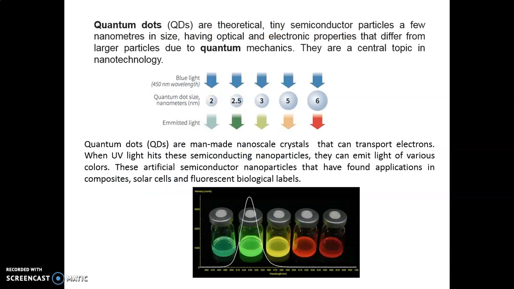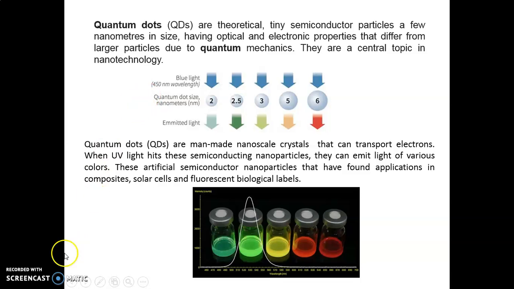Next, quantum dots. We already saw the definition, but anyway I am going to explain with the help of schematic pictures. Quantum dots are tiny semiconductor particles, a few nanometers in size, having optical and electronic properties that differ from large particles due to quantum mechanics.